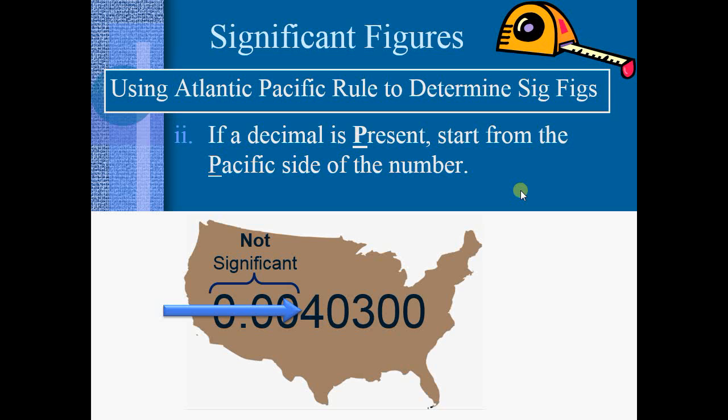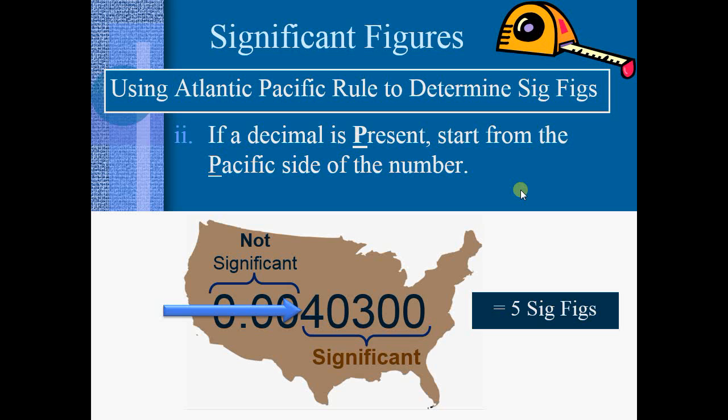Those are just placeholding zeros. In this case, they're just there to keep the number that small. From the point you were stopped and for the rest of the digits over, those are significant digits. So all those digits at the end there are significant. So this particular number had 5 sigfigs. Decimal was present, came from the Pacific side, the 4 stopped us. Everything from that point over is significant.